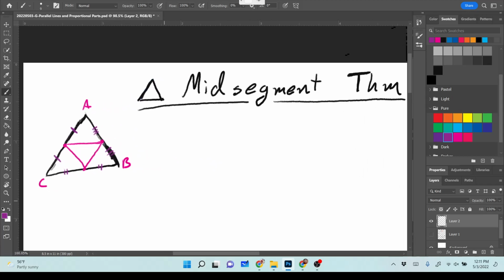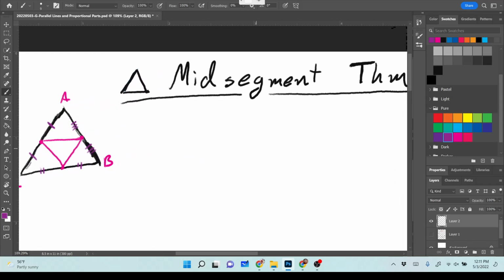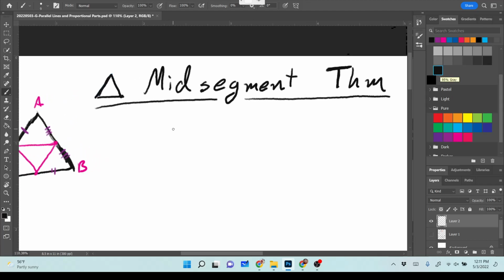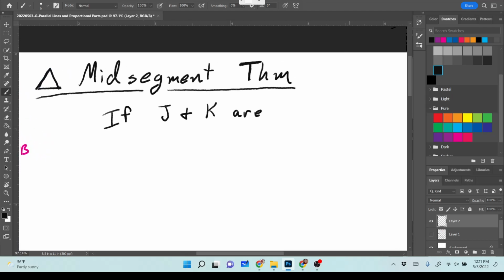Triangle midsegment theorem says, we'll write the words part and then we'll draw the picture. If J and K are midpoints.